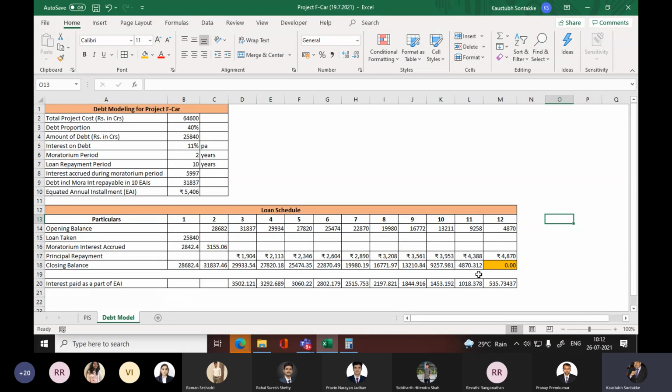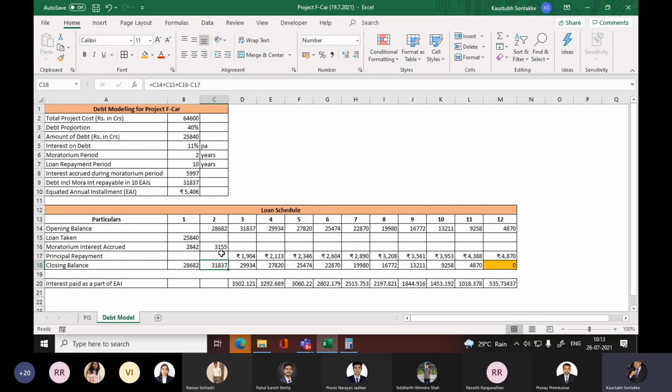We want to show that in the first 2 years of moratorium, interest is accrued. Thereafter I remove all the decimals till the end, so it becomes easy. 31,837 we have to pay in the next 10 years, from year 3 to year 12.